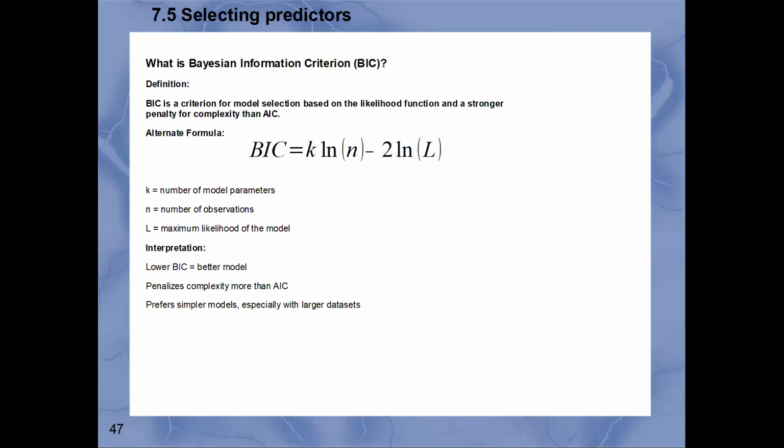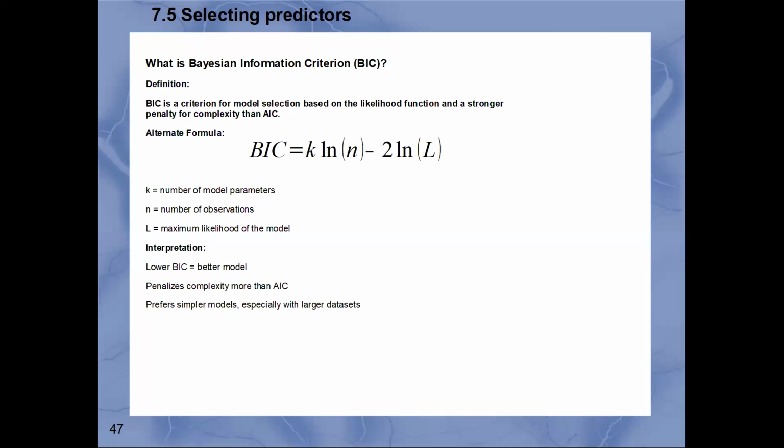So the Bayesian information criterion, BIC, is a criterion for model selection based on the likelihood function and a stronger penalty than AIC. It has a stronger penalty for complexity than AIC.